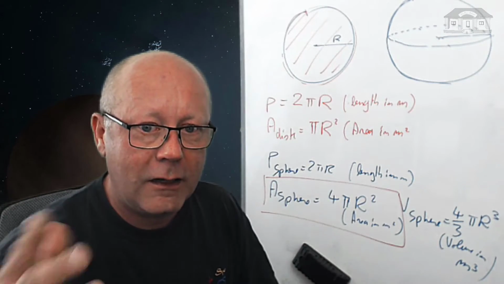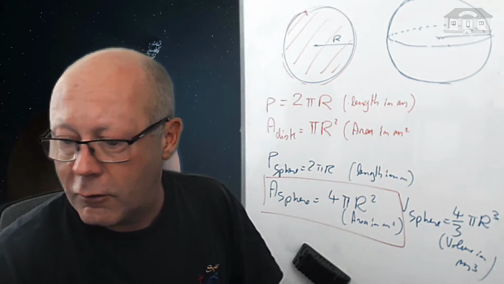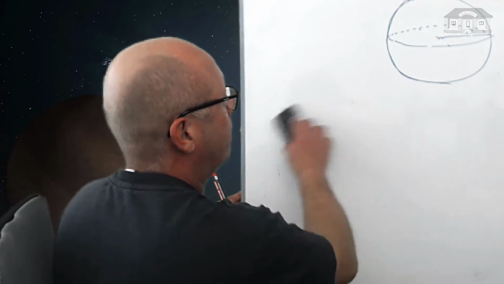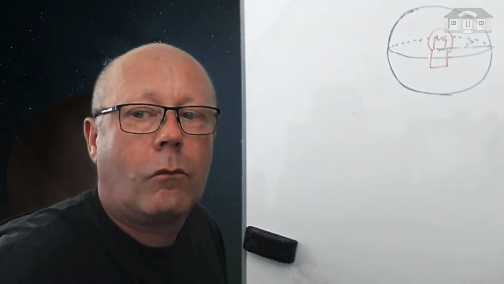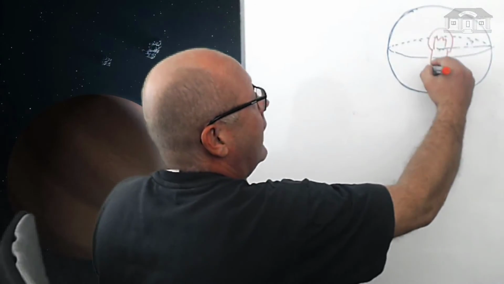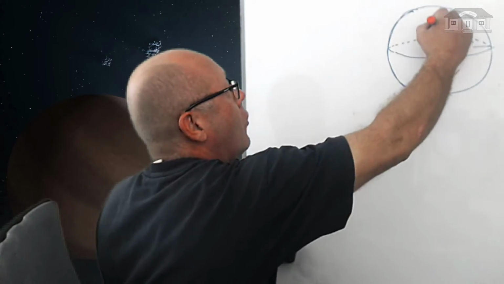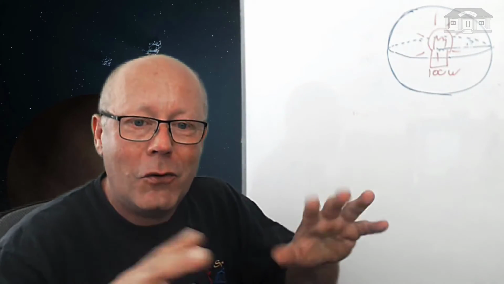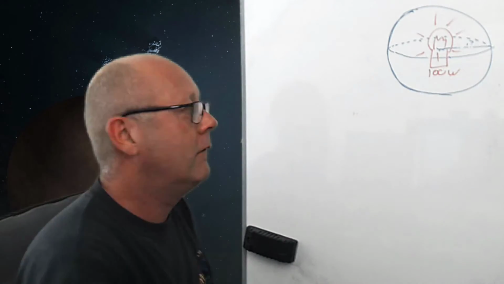Let's go back to the idea of the bulb in the sphere. I'm going to keep my sphere here. So here I have my bulb, and it has got 100 watts of power. It sends light all around my sphere. It's inside the balloon, so when I look at the balloon, I see the light on the surface of the balloon. So what will be the intensity here?